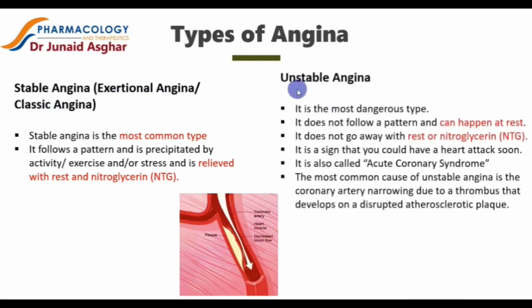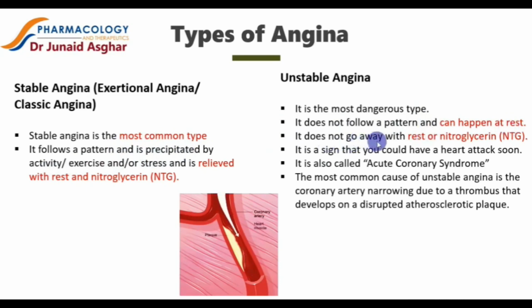The next type is unstable angina, and of course this is the dangerous type. It does not follow a pattern. That's why it's dangerous, and can happen at rest. Stable angina can happen when the person indulges in an activity or exercise, while this one happens even at rest.